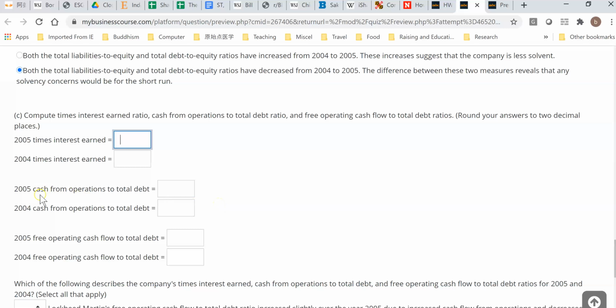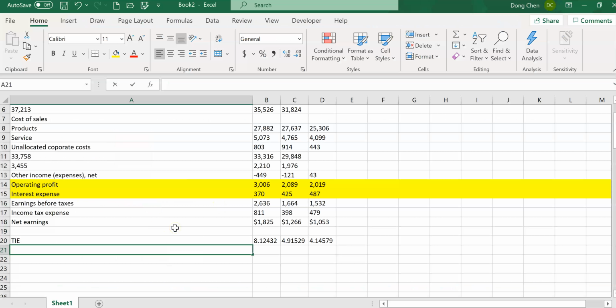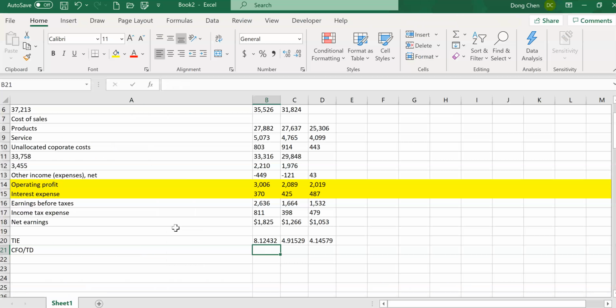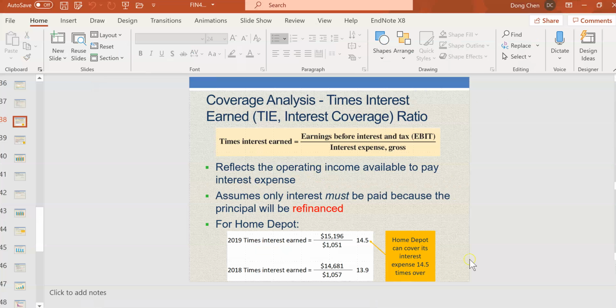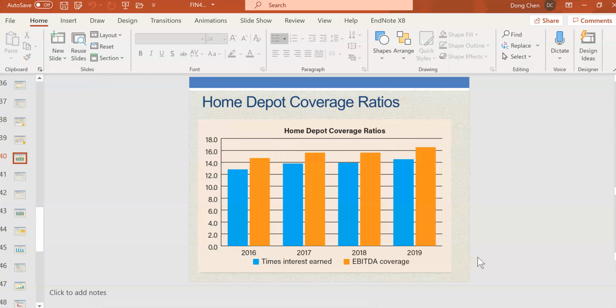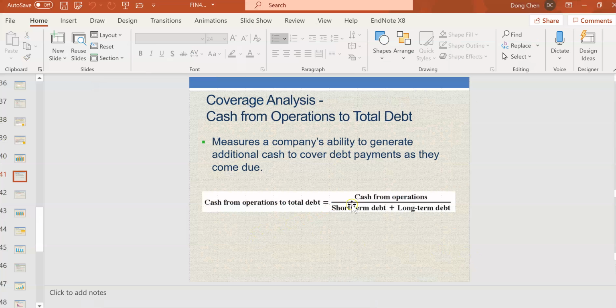The second ratio is cash from operations to total debt. Let me go back to my lecture slides. This is defined as cash from operations, an item from the cash flow statement, divided by short-term debt plus long-term debt.